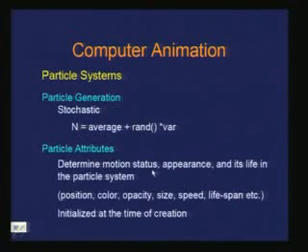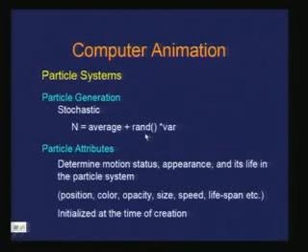So let's see one by one these processes. We're looking at a process of generation, right? Particle generation, which is stochastic. Stochastic in the sense that at a certain time you generate some number of particles in a particle system, which could be determined by the average number of particles at that instance.